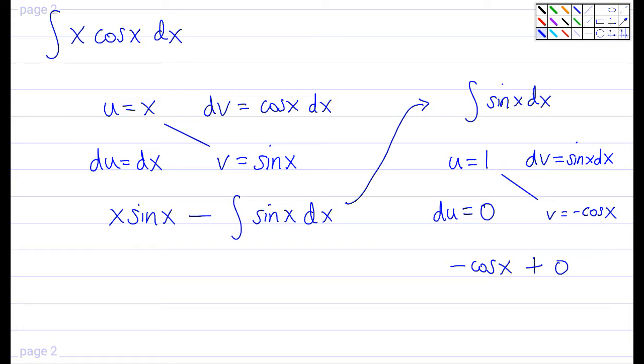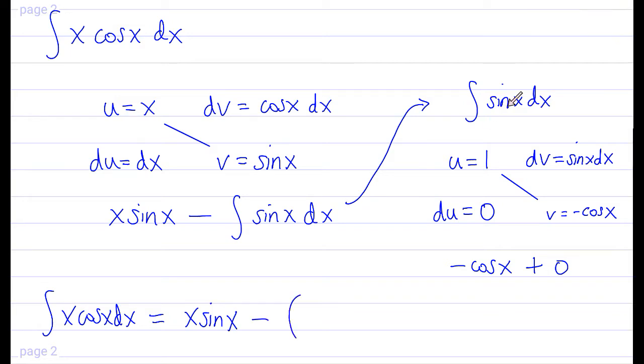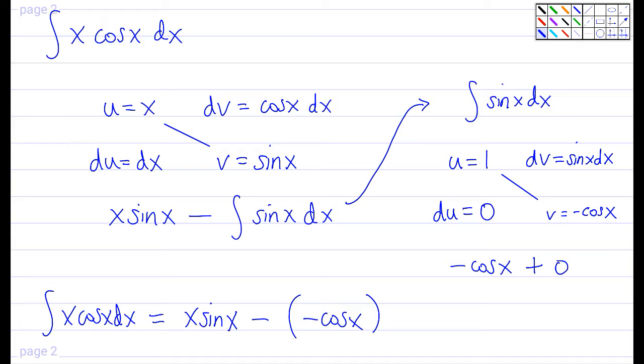Okay, so now we can combine all of these things. I have my answer, the integral of x cosine x dx equals x sine x minus, okay, so we're going to subtract the integral over here, which was minus cosine of x. Okay. And then you might want to put a plus c.